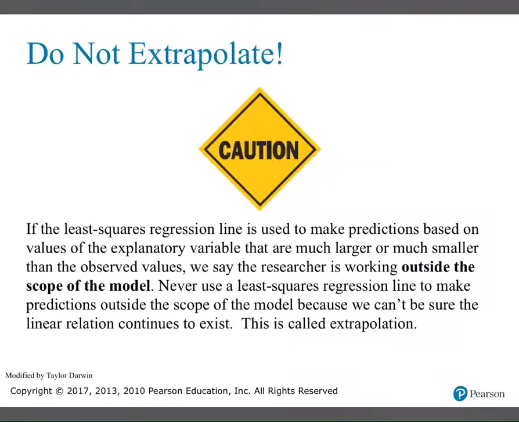You have to be really careful not to extrapolate, which basically means you can't go out of the scope of your model. We looked at children between the heights of 24 and 27.75 inches, I believe. So I can't make a prediction about a child who's 30 inches tall, because we didn't look at anyone who was 30 inches tall when we created our line.